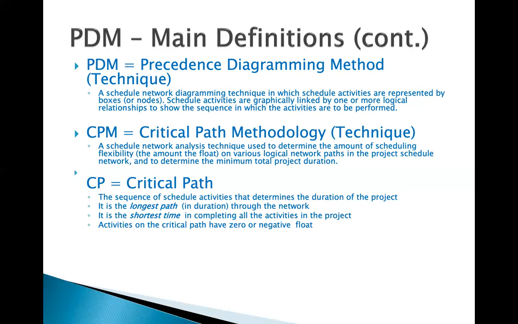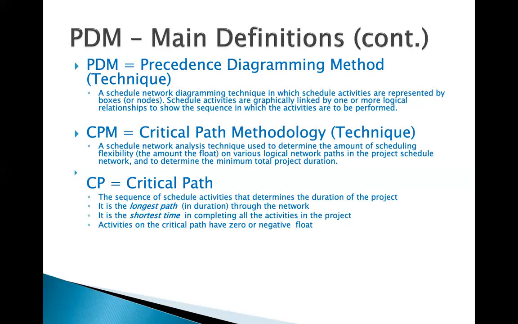By definition, the critical path is the sequence of activities that determines the duration of the project. As part of this definition, it is the longest path through the network. It's the shortest time in completing all the activities in the project.